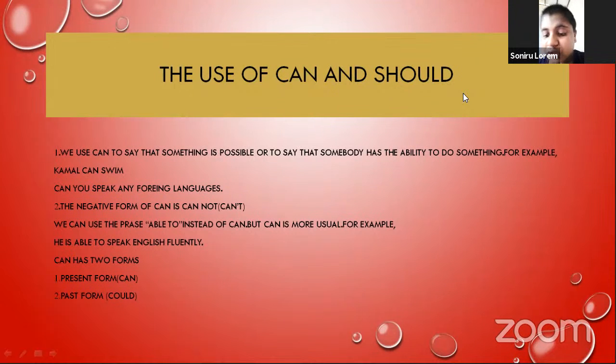But we cannot use can to do it. We need to use could. So can has two forms, which are the present form and the past form. The present form of can is can, the past form of can is could.